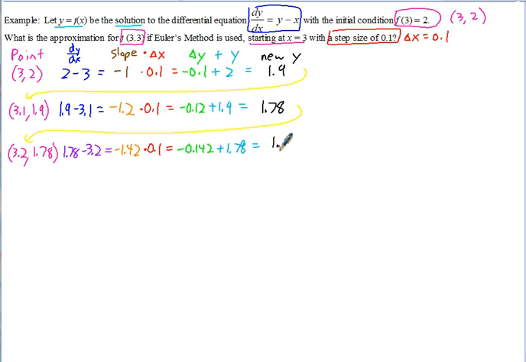Gives you 1.638. And then we take that, and that would give us our next point. Change the x coordinate by delta x, 0.1, it's 3.3. We get 1.638. And notice that's what we're trying to find, f of 3.3. So now I can say f of 3.3 is approximately equal to 1.64.